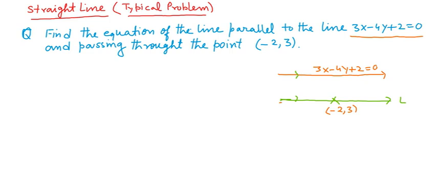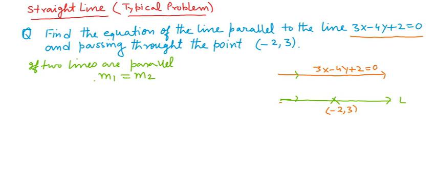So we know that if two lines are parallel, then their slopes must be equal.